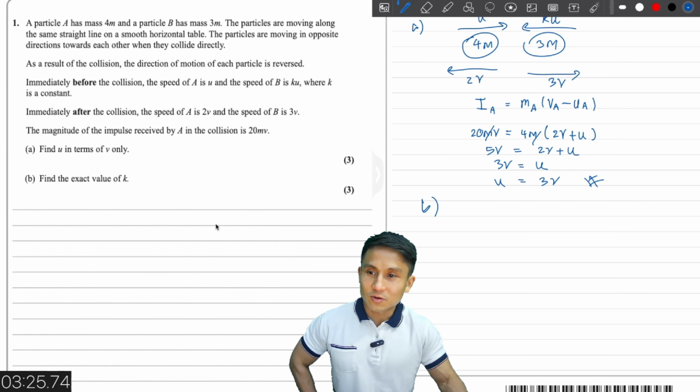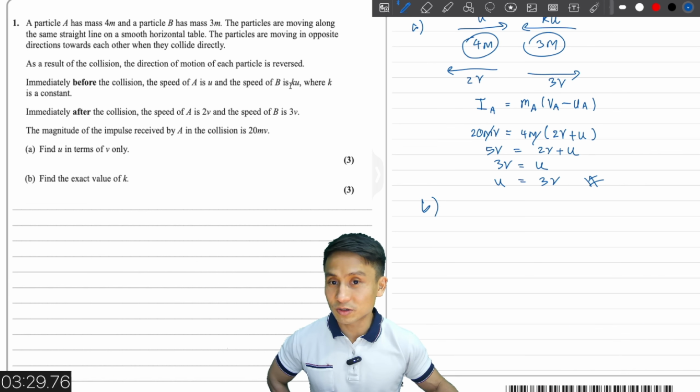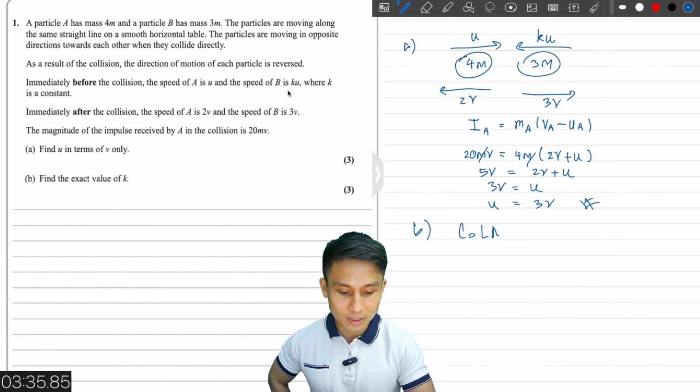Find the exact value of k. So k is the coefficient of the speed of B there, right? So we just do conservation of linear momentum.